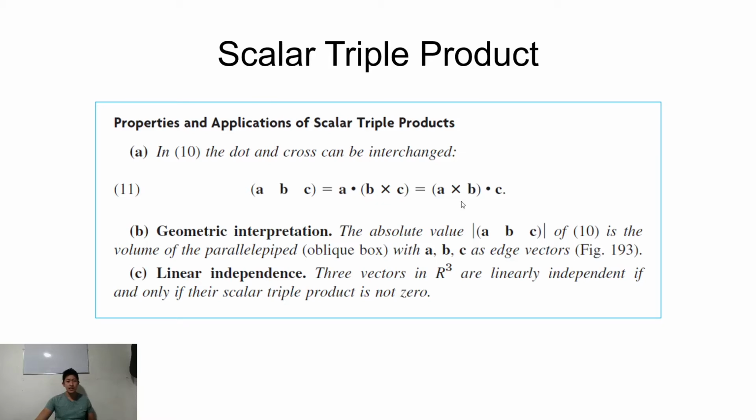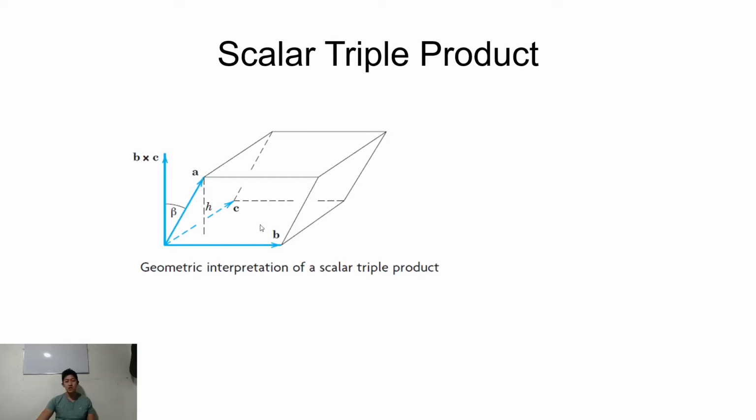So they are equal, meaning they can be interchanged. You can cross B and C, or cross A and B. The geometrical interpretation is that it looks like a volume. It looks like a volume because B is crossed with C, and the plane perpendicular to that is this, so this is the result.